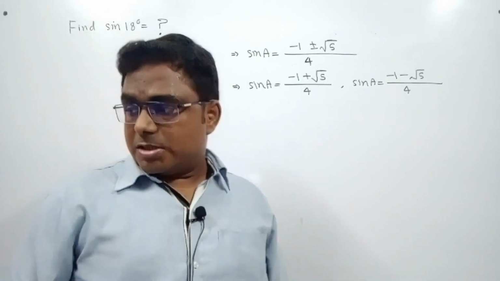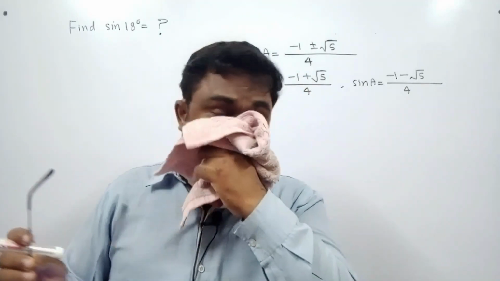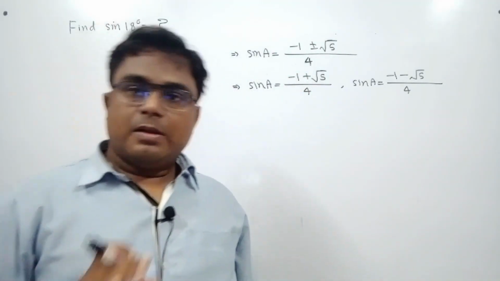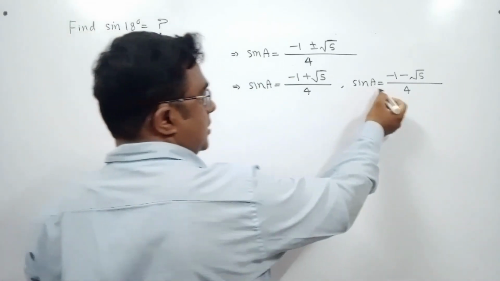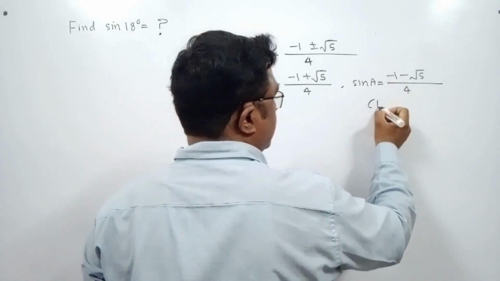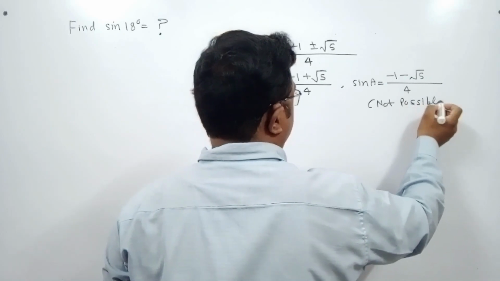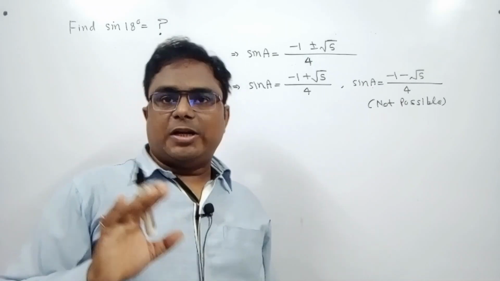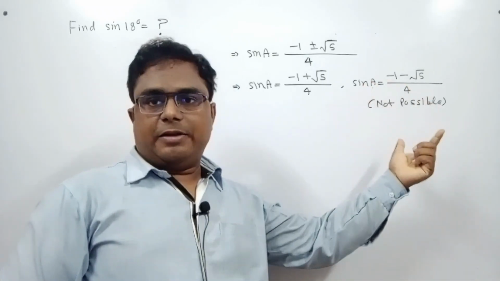Do you remember what A is in this question? A is 18 degree, and 18 degree is an angle of the first quadrant, and in the first quadrant all trigonometric ratios are positive. Since this value is completely negative, we will say that this answer is not possible, because sine 18 degree cannot be negative.